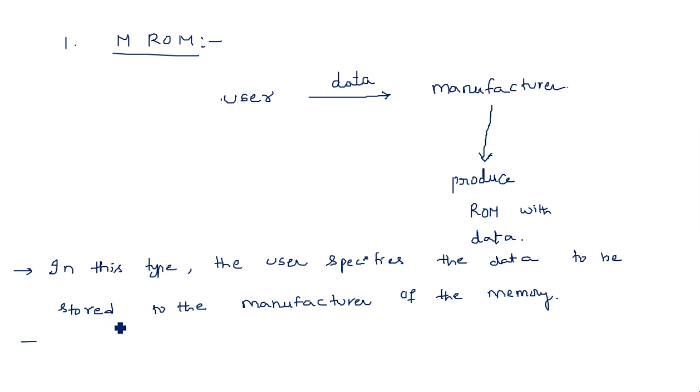The data patterns specified by the user are programmed as a part of the fabrication process. Once programmed, the memory is dumped with the data that the user has sent. Once programmed, the data pattern can never be changed.